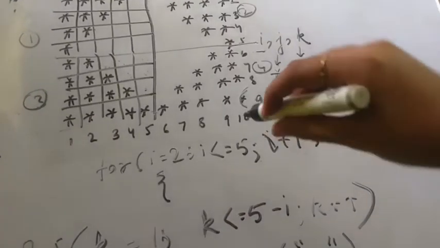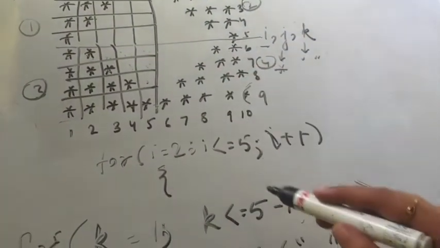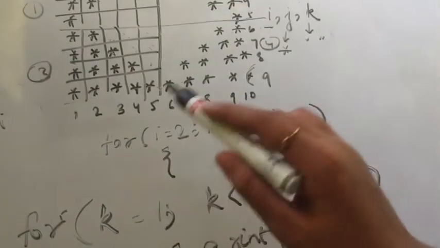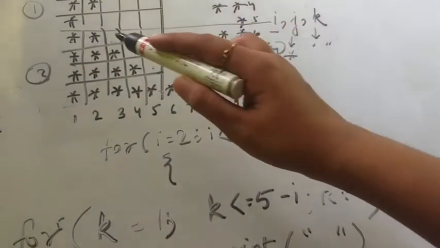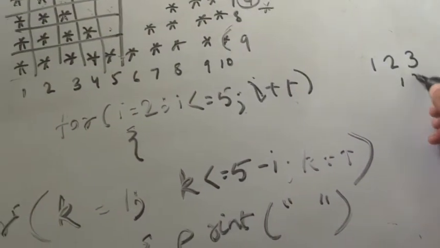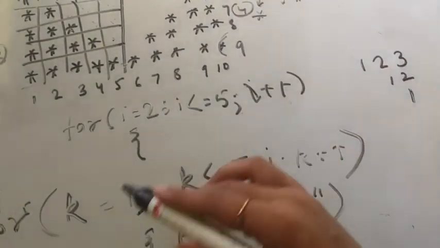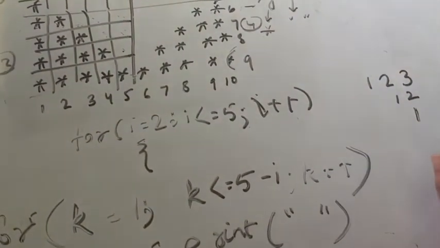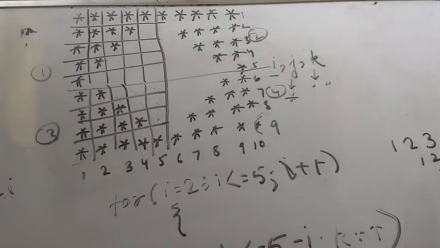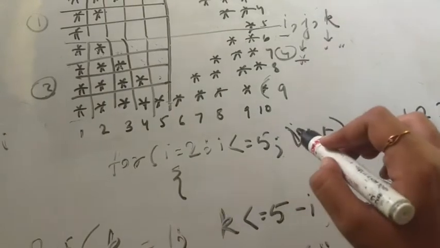Now since we have discussed how to print K, I'll move to this part of the program. However, I'm going to explain how we approach this K. Let us say that we are dealing only with these empty spaces. It is something similar to 1 2 3, 1 2 and 1. So we use this approach, and now I am dealing with this part of the program, inside this for loop.